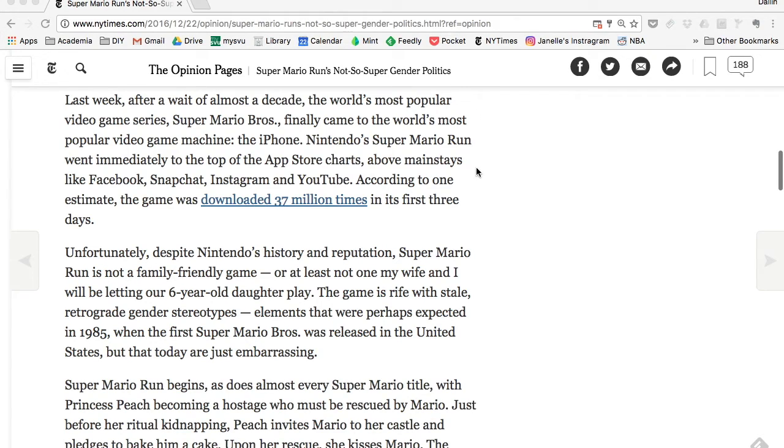Super Mario Run, very popular, a new important thing going on. They've pivoted from that current situation to raise some sort of problem. It's not a family-friendly game. And then they've transitioned into their solution or explanation of that problem, which is that it traffics in stale, retrograde gender stereotypes. So again, start with the baseline, pivot from that, move into the solution.